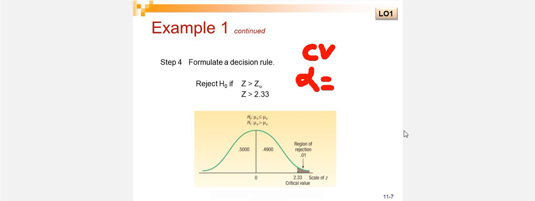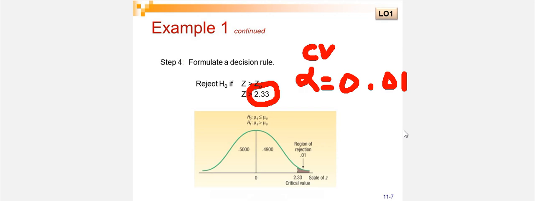Alpha given in the question is 0.01. Can we ask a student? Yes, doctor. How do we find the value 2.33? Look at the table.